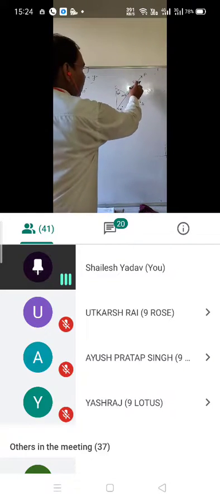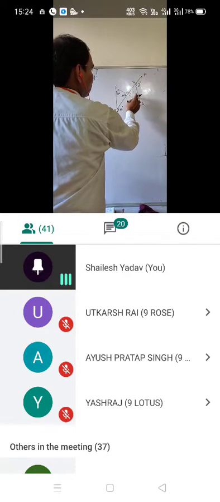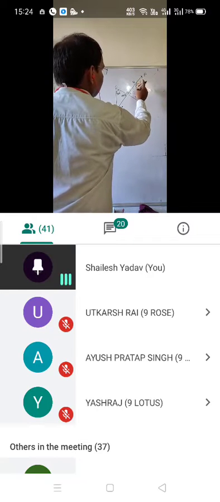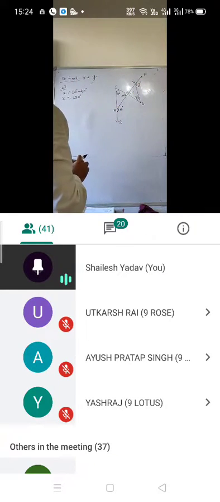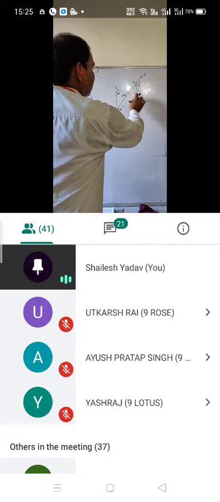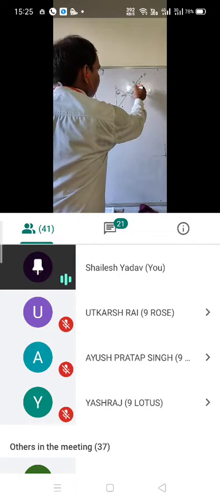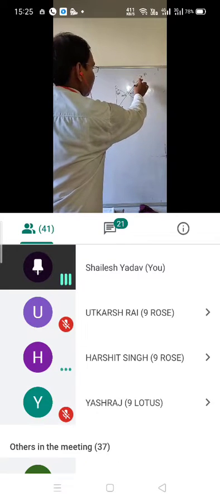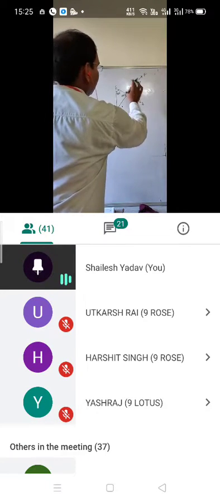Now again in the triangle BOD, you have two angles, so you can find the value of y. Either you can apply the exterior angle property, 70 plus 40, that will be 110 degrees, or the other angle will be 70 degrees, so 180 minus 70 will be 110.